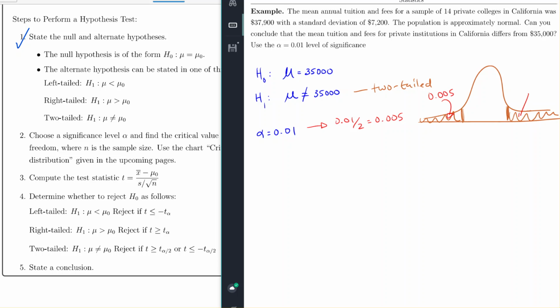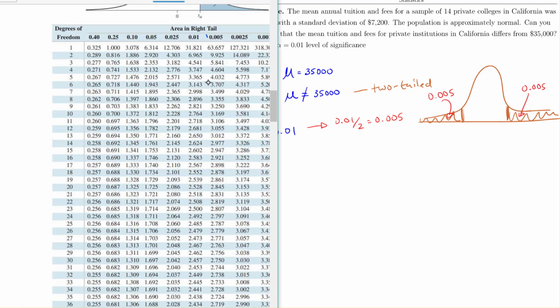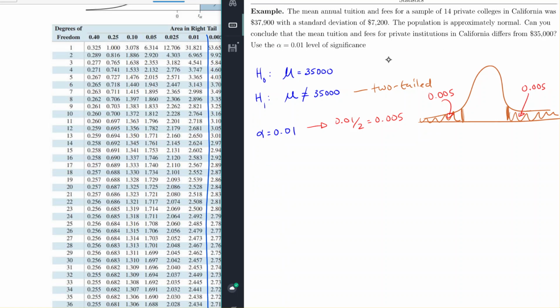And this we know helps us with our student's t distribution chart to find the critical values. So we'll go to our chart now. Okay, we've got our column for 0.005. Now we had 14 colleges, so my degrees of freedom is 14 minus 1, or 13.